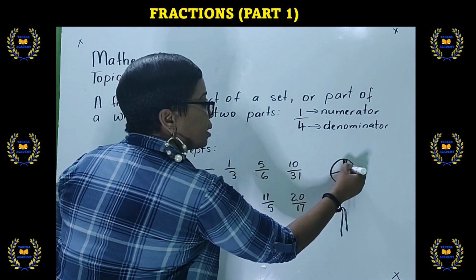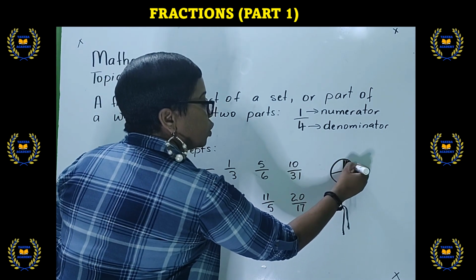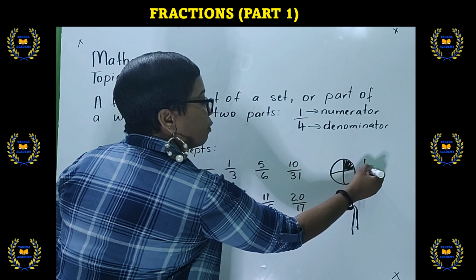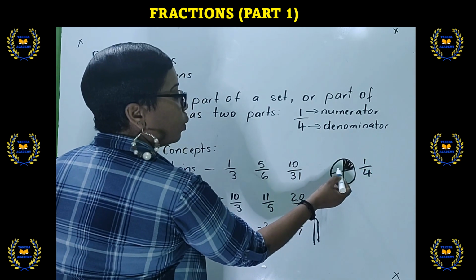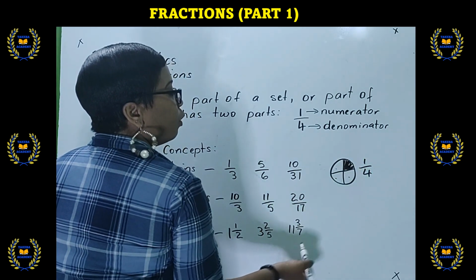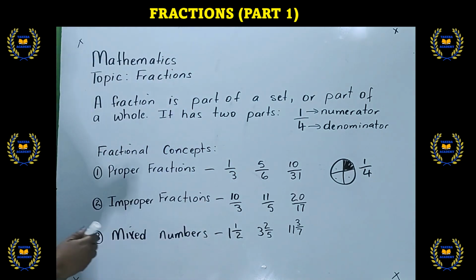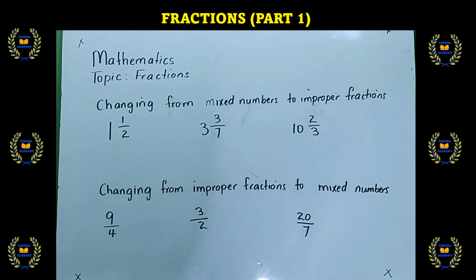Now I'm going to take a slice for myself. So I have taken 1 out of the 4 parts. Remember, there are 1, 2, 3, 4 parts, and I've taken 1 part out of the 4. So the 1 at the top represents what I have taken out for myself, and the 4 represents the total number of parts, or the total number of slices that the cake had.